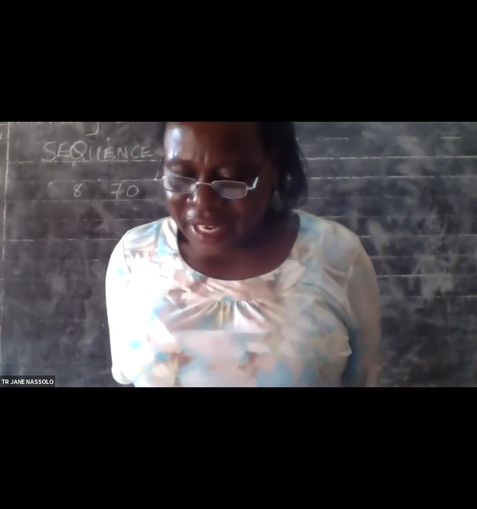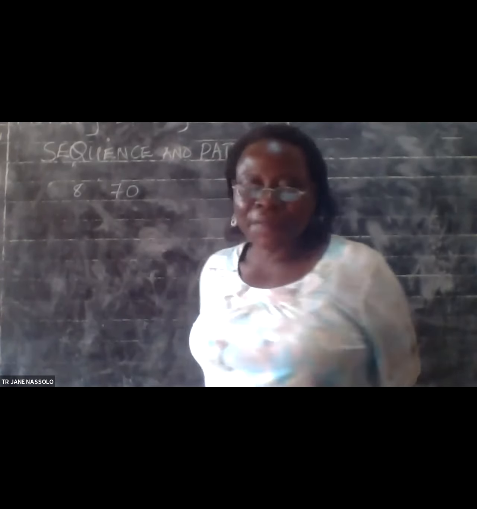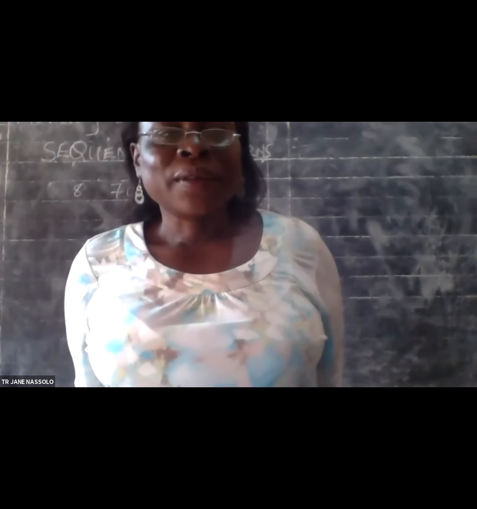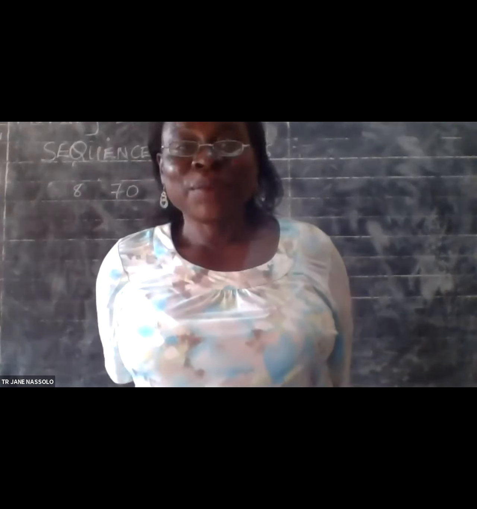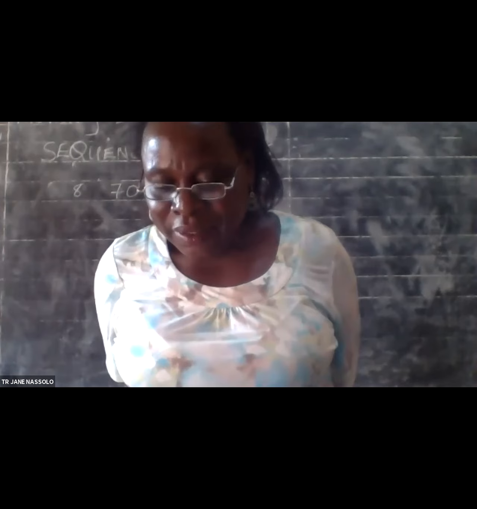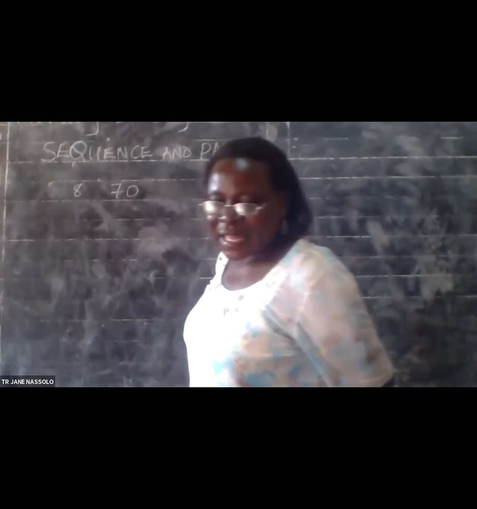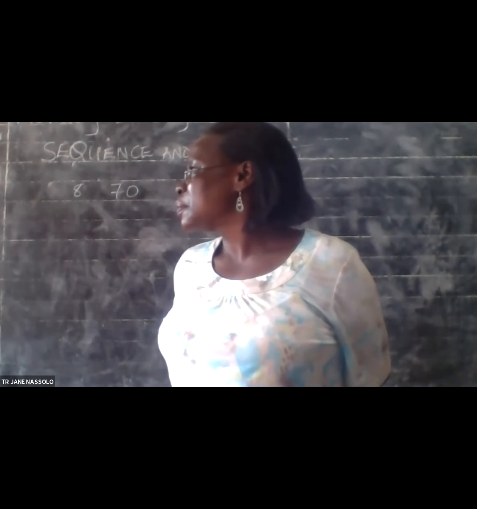Is there any number that is a factor of 8 and 70? Yes. Which number is that? 2. 2 is a common factor. Is there any other number that is common to 8 and 70?